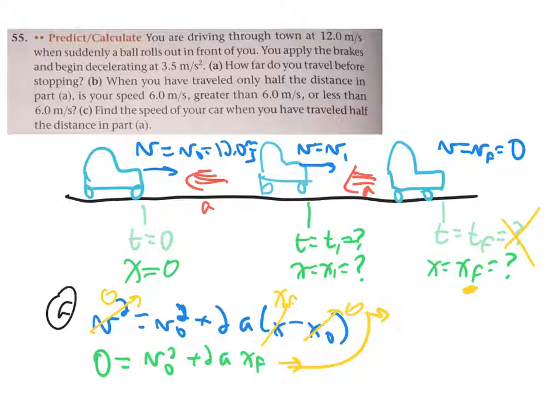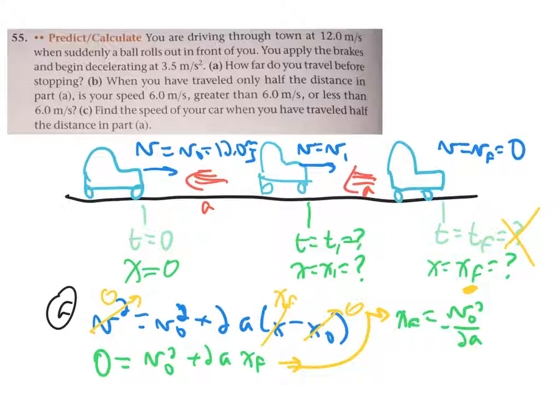So we end up with xf is minus v0 squared over 2a.